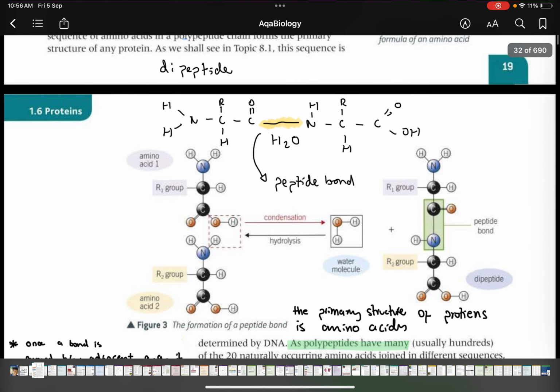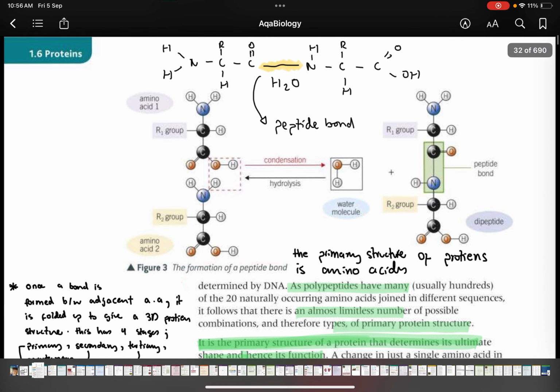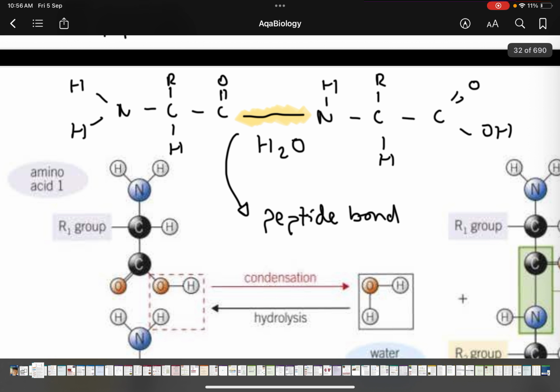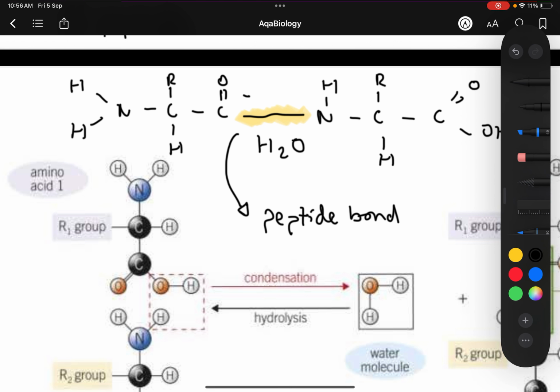So over here, that's my little peptide bond. You can see my C double bond O that used to have an OH and that used to have the H. So that's how we derived the H2O from there. And now we have a peptide bond right there.